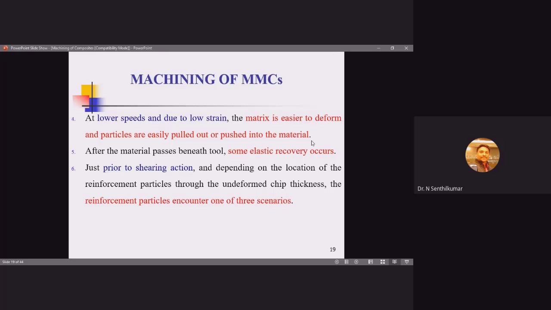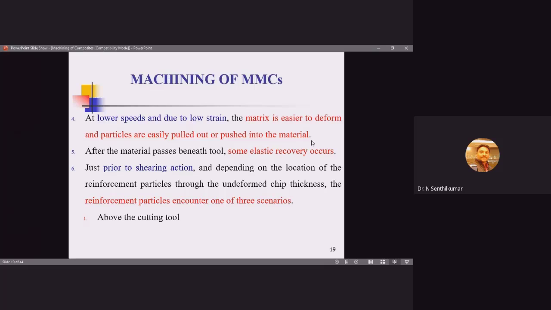So just prior to the shearing action, consider the cutting tool is going to come in contact with the reinforcing phases, that is, the ceramic particulates. Okay, now it is going to shear. Three scenarios are going to occur.